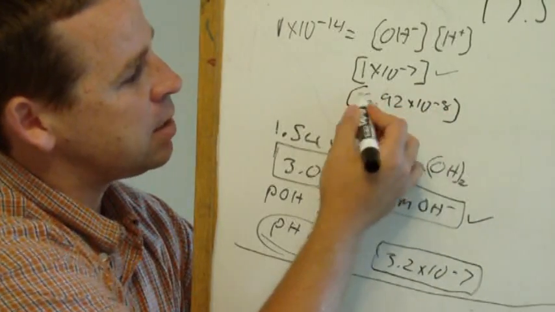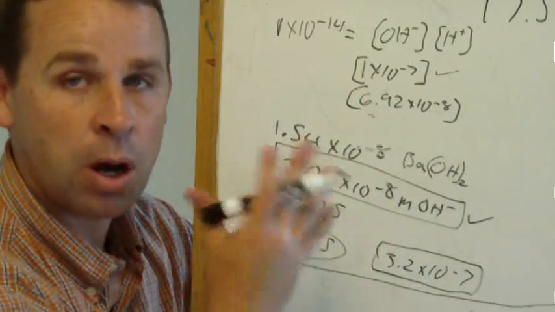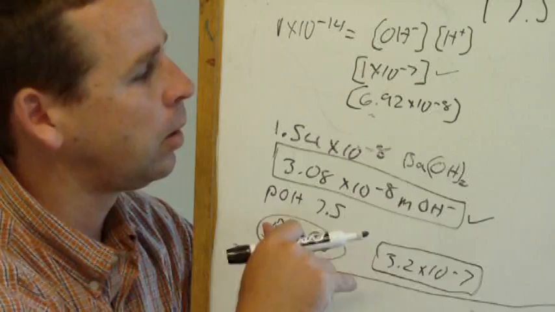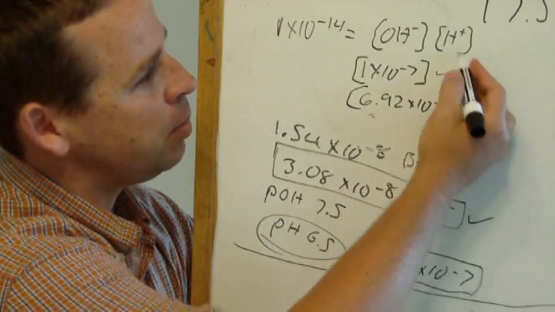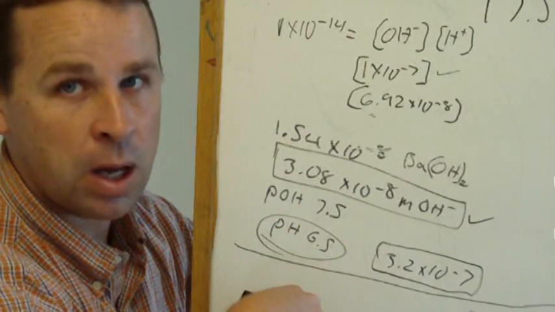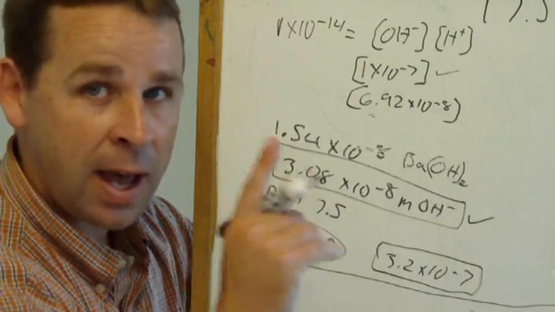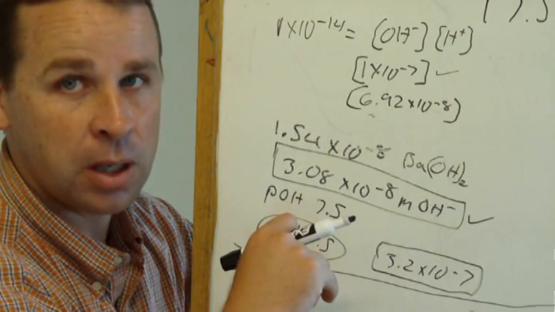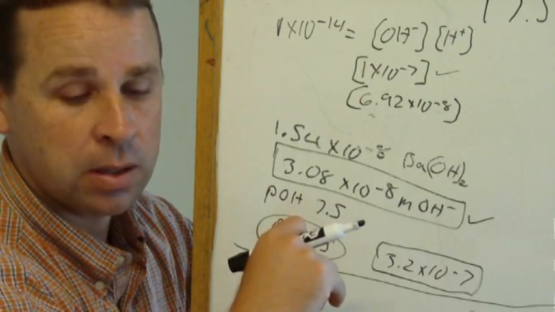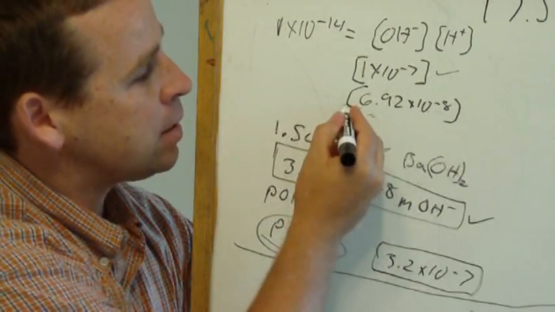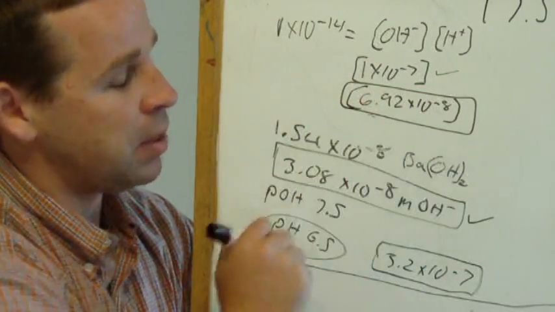So that's how much base is still left to auto-ionize from the water. And because of that, that's also going to be how much acid will auto-ionize from the water. And that is what's going to govern the acid concentration. So the real acid concentration will be that.